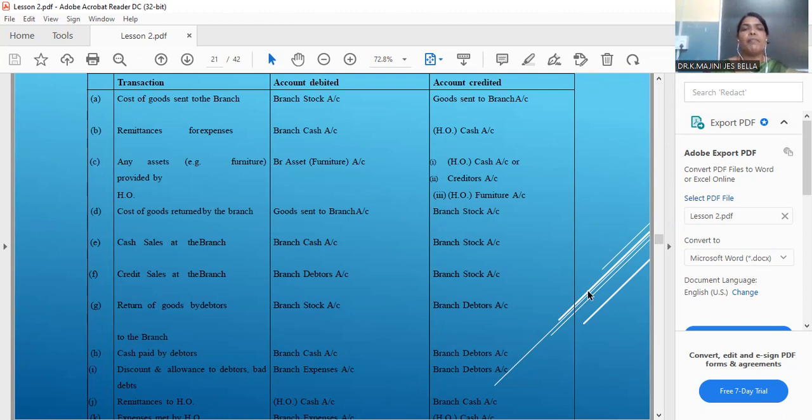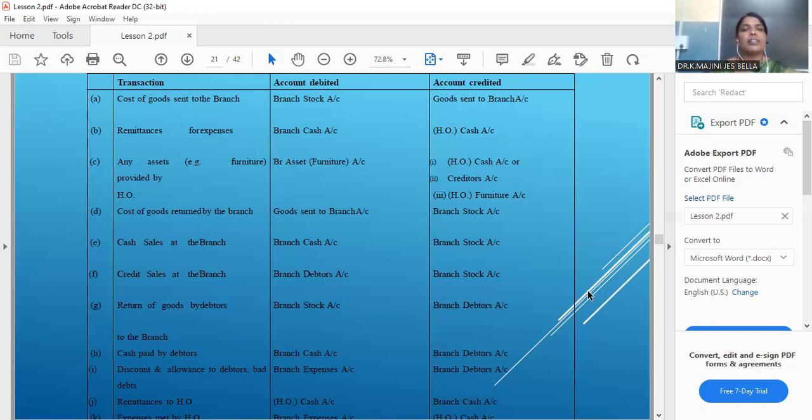Account debited is the asset, if it is furniture we write that, but account credited is cash account or creditors. Then cost of goods returned by the branch. Account debited, goods sent to branch. Account credited, branch stock. Then cash sales at the branch. Account debited, branch cash, but account credited, branch stock.